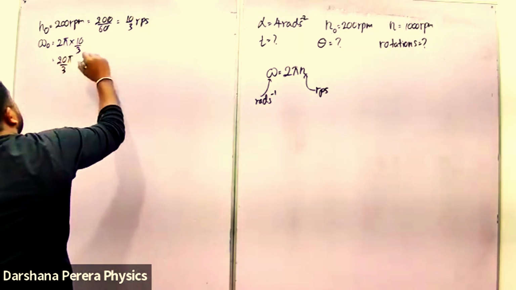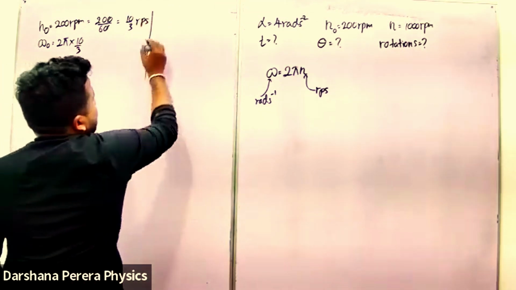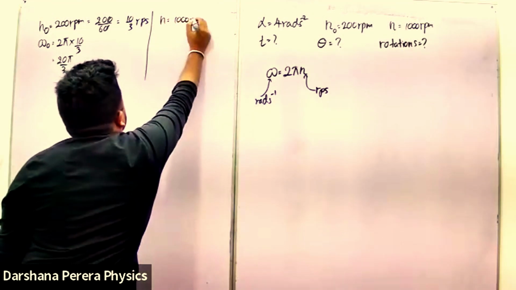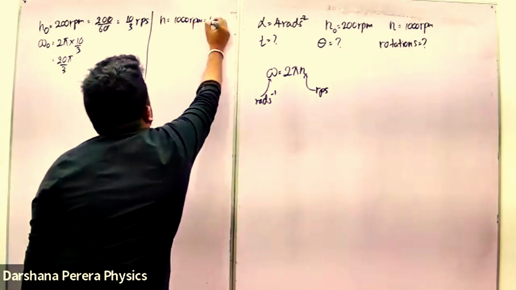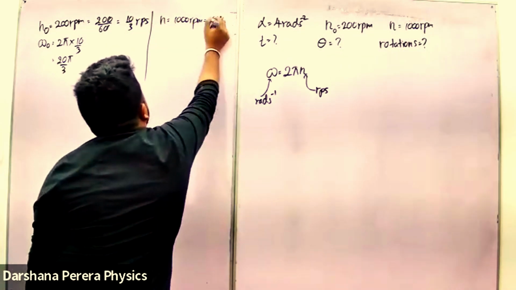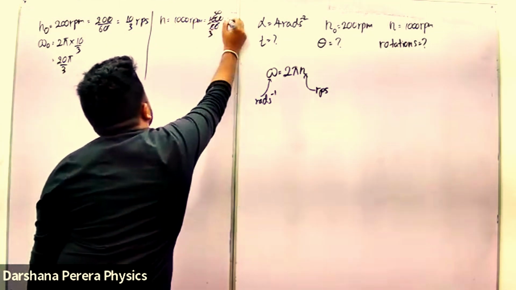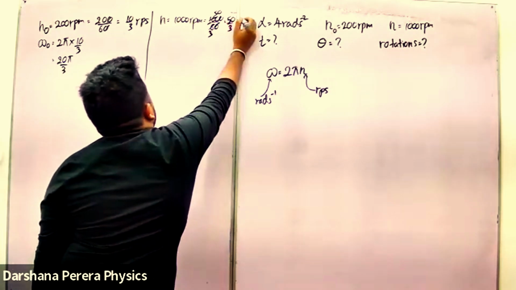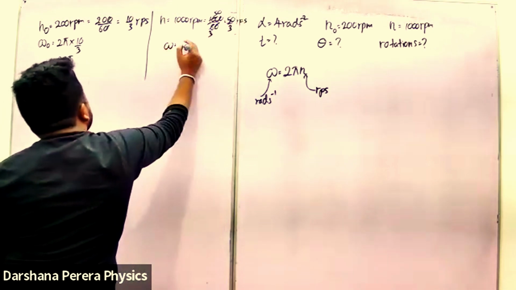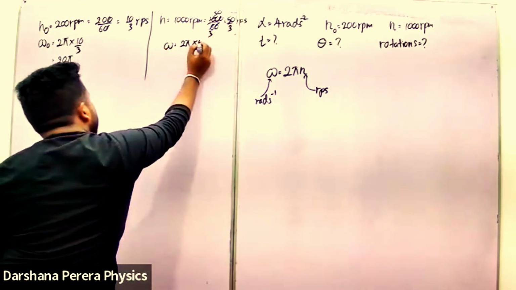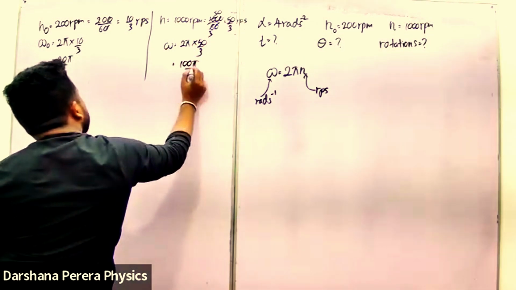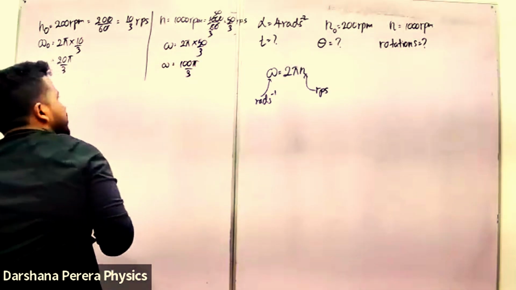Likewise, n equals 1000 RPM, 1000 over 60, that means 50 over 3 RPS. Omega equals 2 pi into 50 over 3, that is 100 pi over 3. Right?